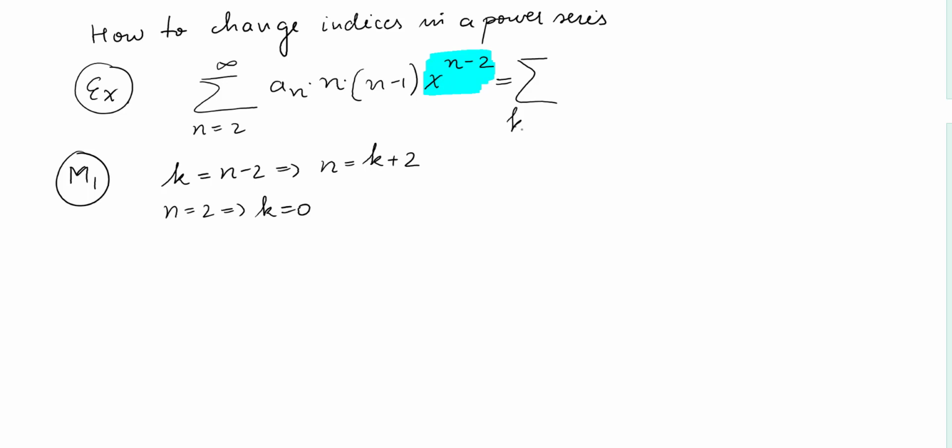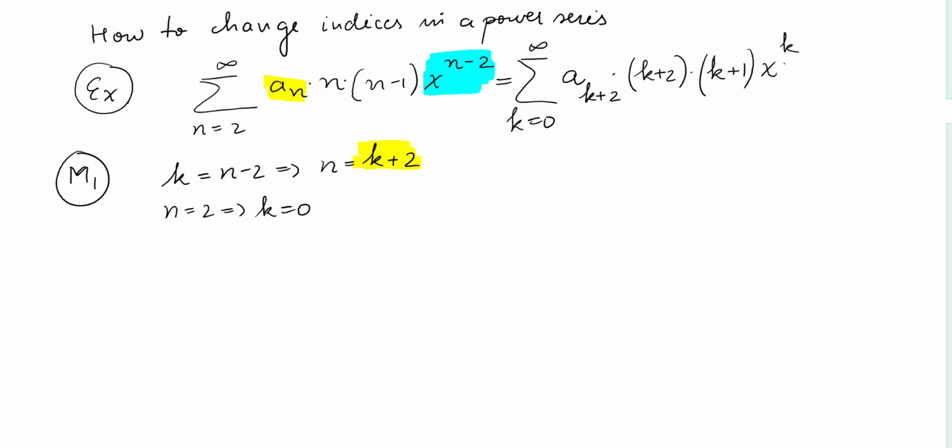So I'm going to get k equals 0 to infinity of a sub n, but n is k plus 2 now. So a sub k plus 2 times k plus 2 times n minus 1, so it's k plus 2 minus 1, which we can do mentally, it's k plus 1, and then x to the k.